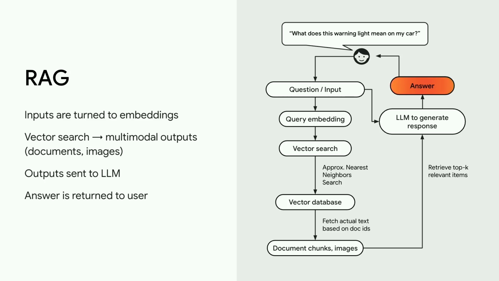The top items are then retrieved, and we can actually go back and retrieve the original document chunks or images. All of this is fed into the large language model to give us an answer that's a lot more complete, and the responses are more up to date with our current business context using data that might be your first-party data that the LLM has never seen before.